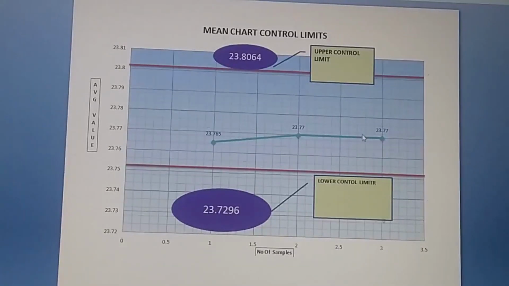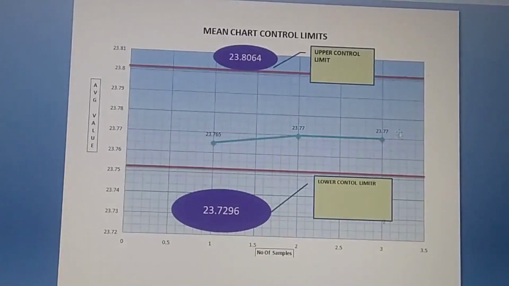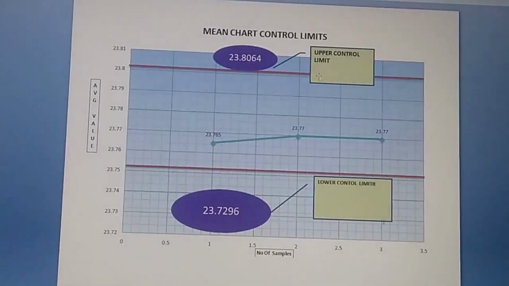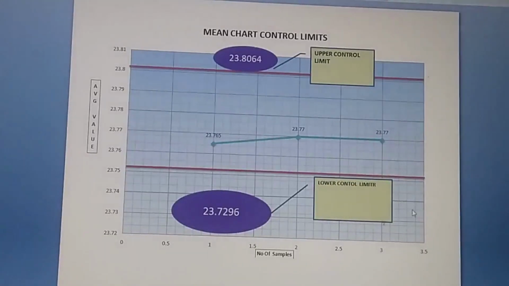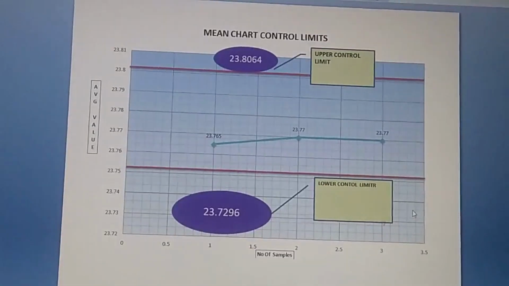If there are a number of observations, suppose 8 or 10 samples, and the average value of any sample goes beyond the upper control limit or below the lower control limit, then we should conclude that the process is not under control, and you should check the values again.